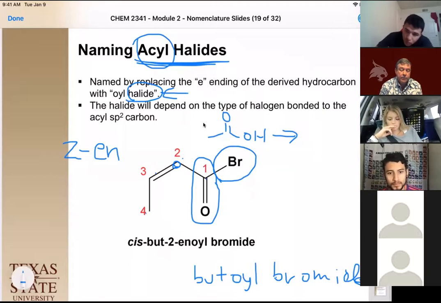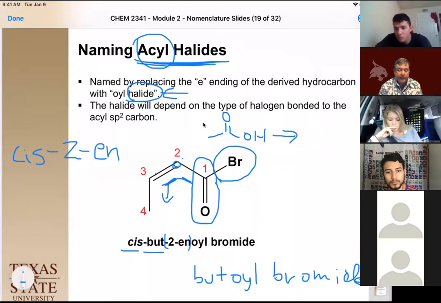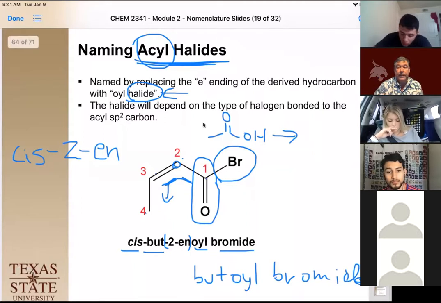Both of the substituents on our double bond are on the same side, so that makes it cis. So we have cis-but-2-enoyl bromide. Break it down, put them all together, and don't forget to alphabetize.